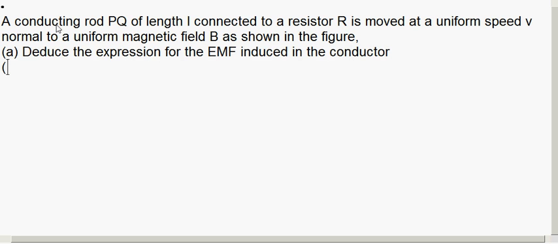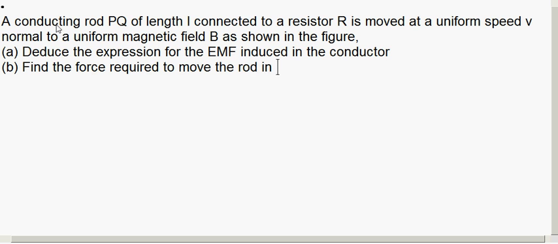Question number B: Find the force required to move the rod in the magnetic field. And question number C: Mark the direction of induced current in the conductor.